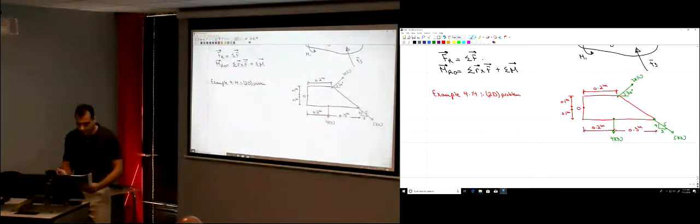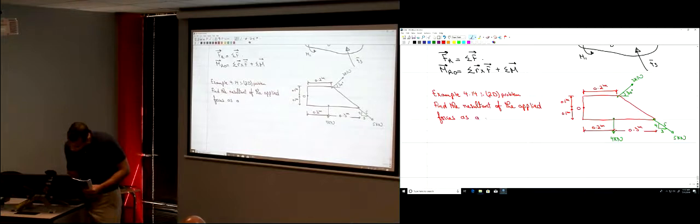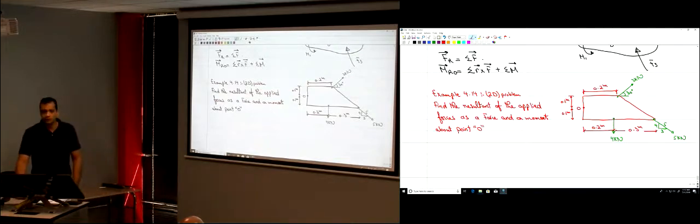So what we would like to find here is the resultant of the applied forces as a force and moment about point O. Okay? That's what we want to do.